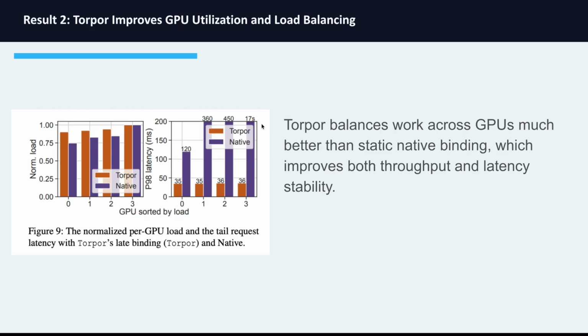Because it overloads some GPUs, there's long queues and huge delays. So Torpor just balances the load, avoids bottlenecks, and has much better load balancing, which leads to dramatically lower tail latency.